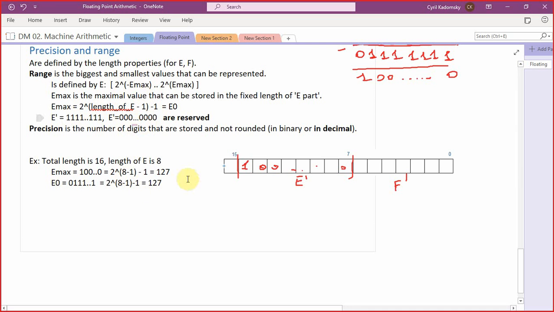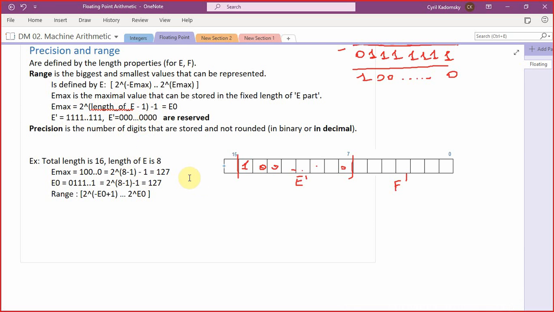The range is always from 2 to the power of minus E0 plus 1, to, as the final result, 2 to the power of E0.